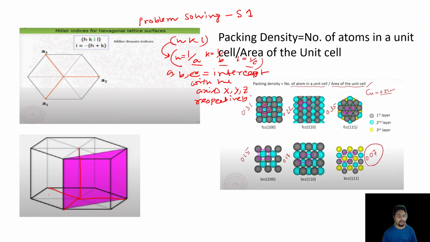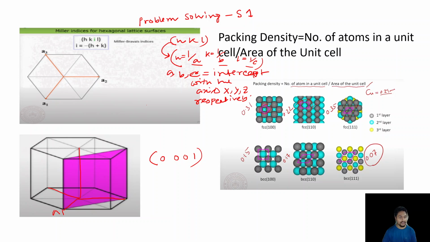If you think about the basal plane, it is never intersecting this A1, A2, and A3. So it will be 0, 0, 0. But this plane is actually cutting, so 0, 0, 0, 1, right? In this plane, this is intersecting that.